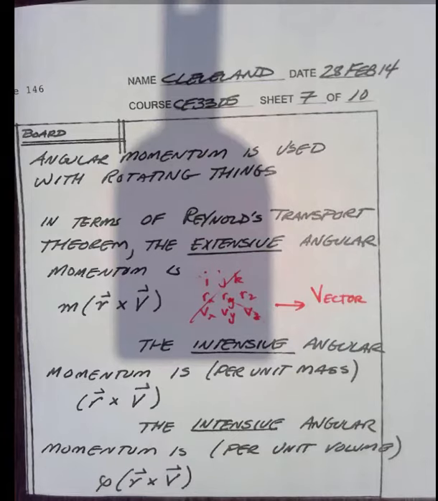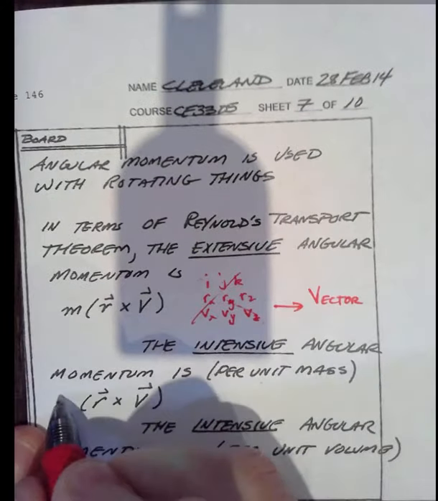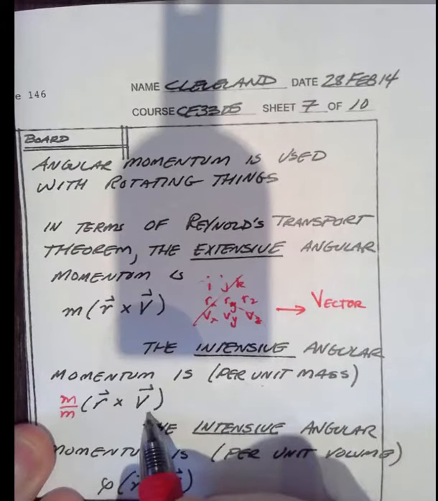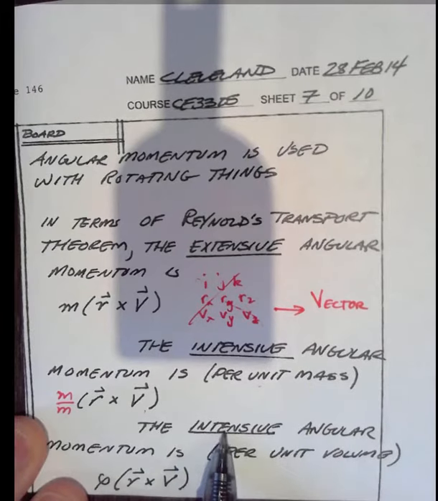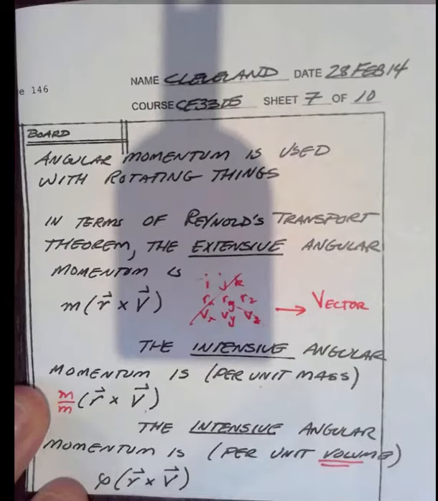That's the extensive component, angular momentum. Now we want to express it in terms of intensive properties. So the intensive property per unit mass is simply the m over m term, which when it's implemented leaves behind the r cross v. The intensive angular momentum per unit volume, which is what we want to use in our Reynolds transport theorem, is rho multiplied by r cross v.